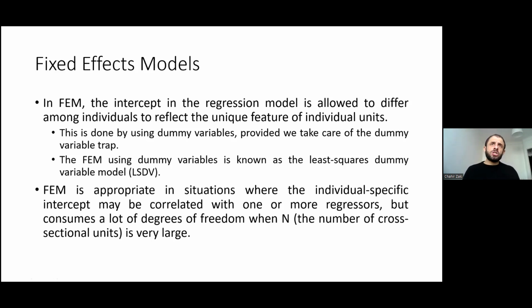And this is in general done by using what we call the dummy variable approach. As I said, I'm introducing in my model a dummy variable for each individual. And if I have 15 individuals, then in this case, I will have 14 dummy variables, for instance. And that's why we can call this fixed effects model the least square dummy variables model, okay? Because it's basically based on the same idea.